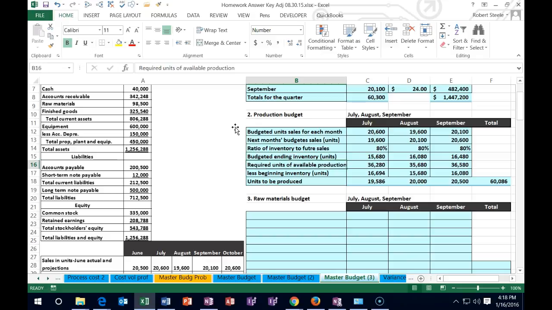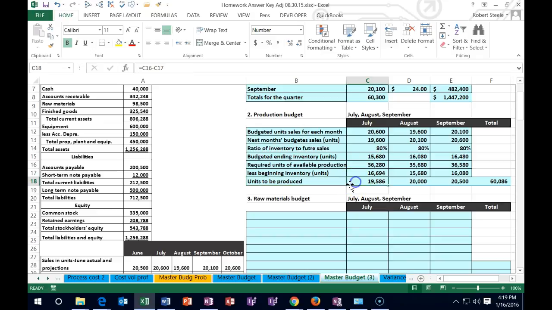If we add those two things up, that will give us the amount that we would need to produce if we had nothing on hand as of the beginning of the period, the month in this case. And then we'll subtract out how much we actually do have on hand, and that will give us the amount, in this case, that needs to be produced. In the case of materials, the amount that will need to be purchased.